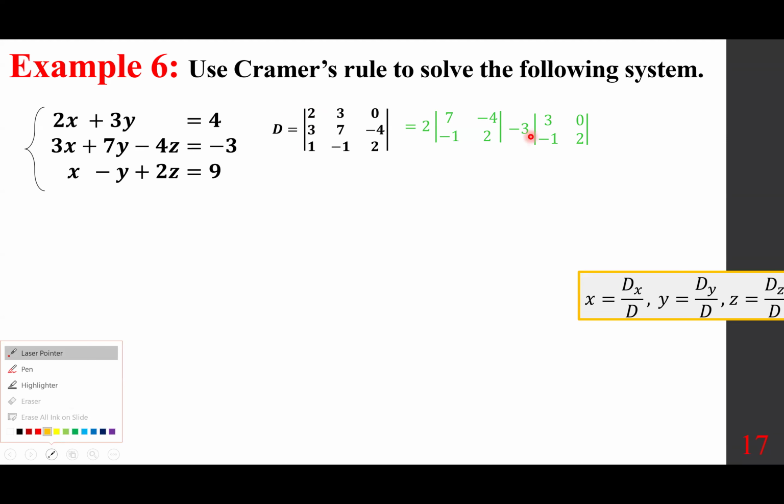So the sign alternates, so minus 3. If you cross these two, you're left with 3, 0, minus 1, 2. Okay, everybody. And finally, plus 1.